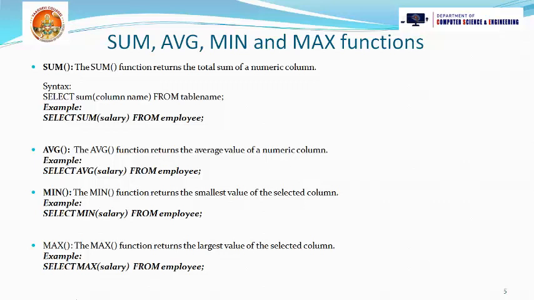And the next function is max, and this max function returns the largest value among the values associated with the column. Here we have an example: select max of salary from employee. That means it returns the maximum value among all the values associated with the salary column.